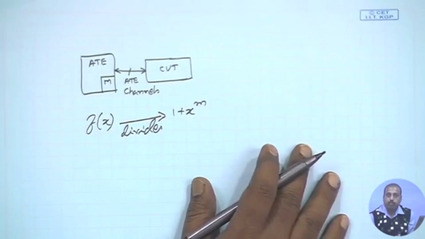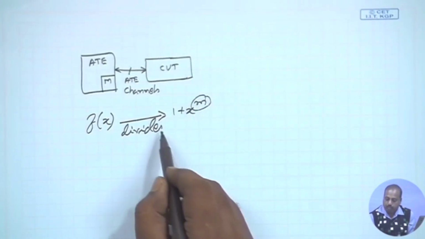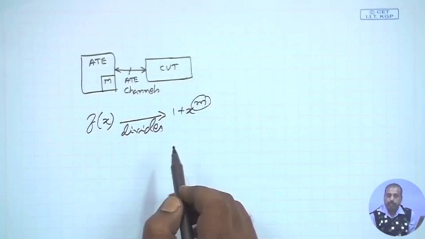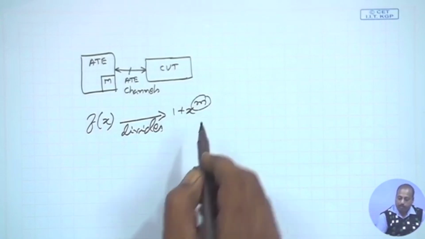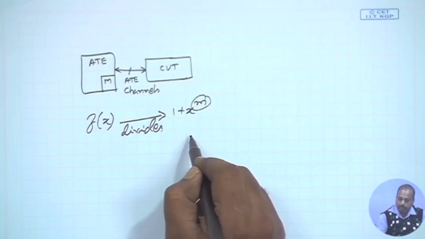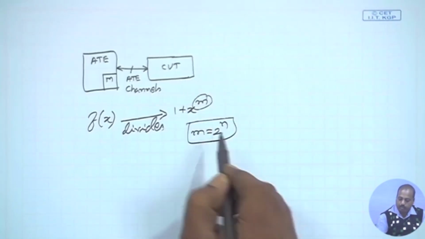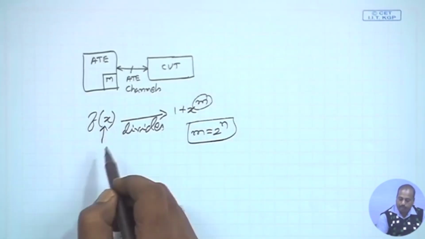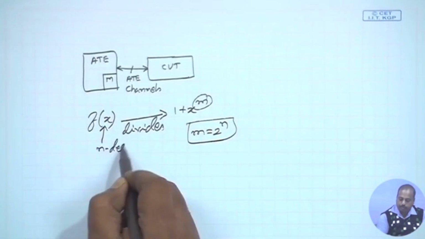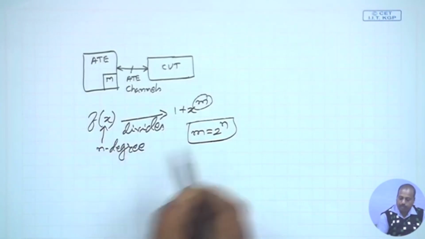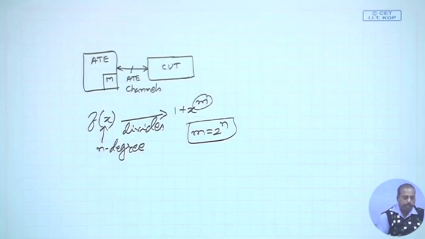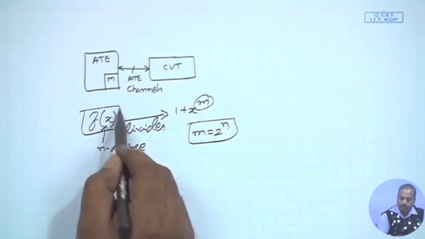So, we are looking for the value of m so that f(x) will divide it. Now, if this m happens to be 2 to the power n, where f(x) is an n degree polynomial, then we say that f(x) is a primitive polynomial.